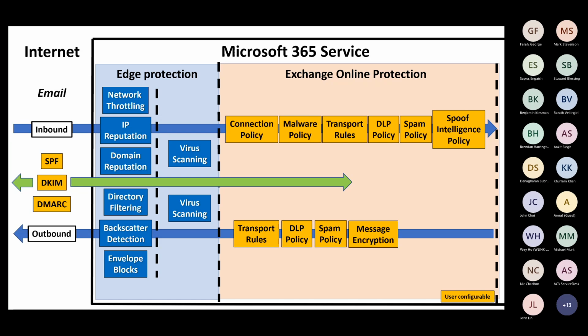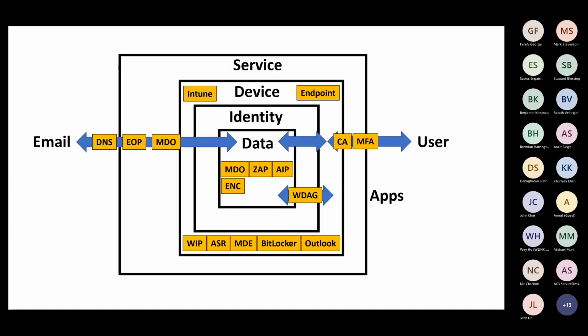The stuff in yellow is provided with a number of default settings out of the box. So you, as a security conscious provider, would go in and customize the bits in yellow to best practice standards. Now, even besides the email that I've drilled into, don't forget that even when the email gets to the data repository or is opened on the device, you've got protection on the device thanks to Endpoint Manager.